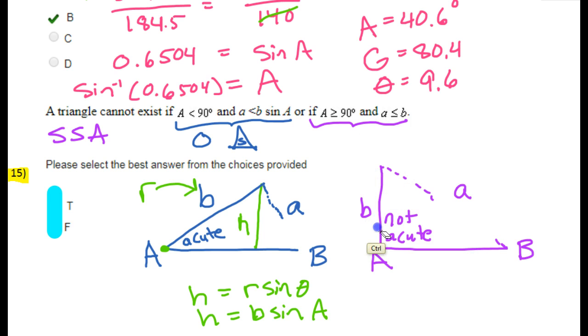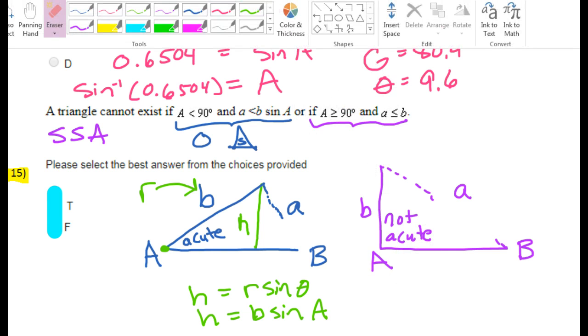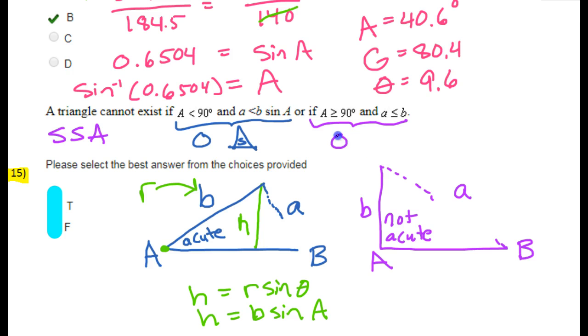If it was exactly the length of b, it would just barely reach, but there wouldn't be anything left over to make a triangle. So the rope has to be longer than b in order to reach and form a triangle. If it's less than b, it's too short, so no triangle. This is another situation with zero triangles. So that's what it said: a triangle cannot exist in either of these situations. That is true.